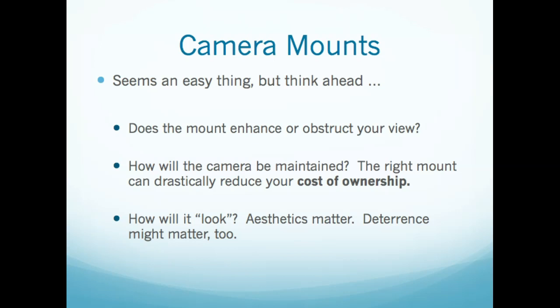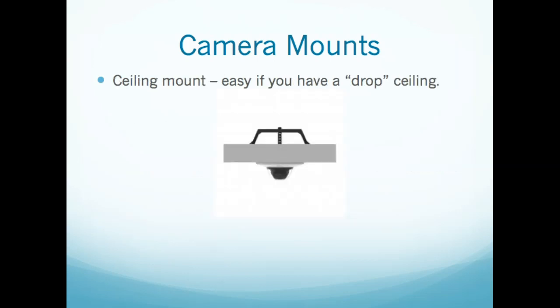And as we look at the camera mounts, you'll see some of them just look better than others in a professional environment. So the one used indoors the most, and in the pictures that you provided in last week's assignment, a lot of you had cameras that were mounted on the ceiling. And when they were mounted on the ceiling, almost in every case, there were a few exceptions, and there always will be, but in almost every case, the ceiling was what's known as a drop ceiling.